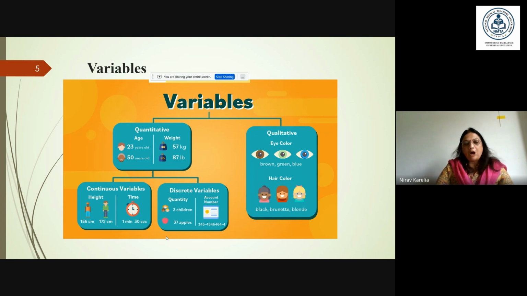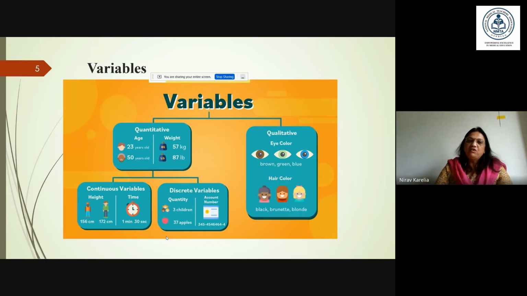Discrete means you can count, it is an integer number. In the case of continuous, you cannot count but you have to measure. This is the major difference between discrete and continuous. Measure means it may not be an integer, it may be expressed in decimals.